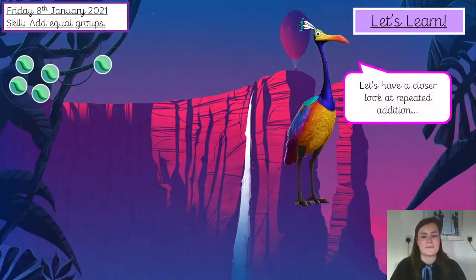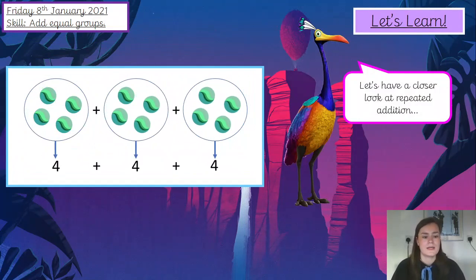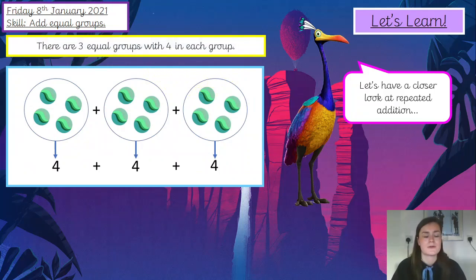Okay, let's have another closer look. So here we have got some marbles. So there are 3 groups that are all equal, aren't they? They've all got the same number in each group, and there are 4 marbles in each group. Hopefully you all spotted that already.